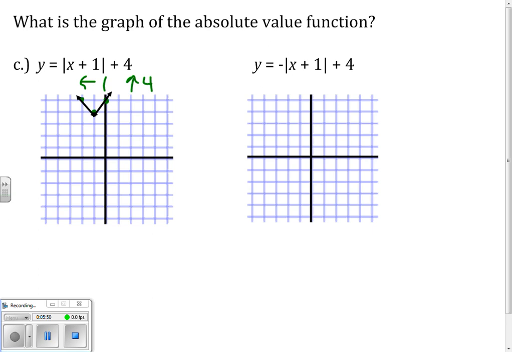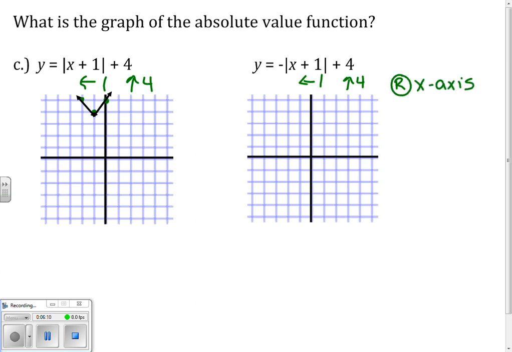So when you have translations left or right, and up or down, that's when you kind of play battleship, where you move both directions first and then see what's going on with the slope. So in the second one, I've got a left 1 and an up 4, but now I've got a reflection in the x-axis as well.